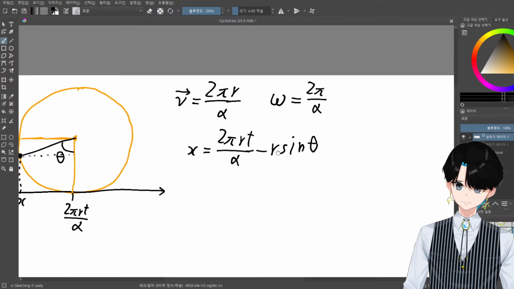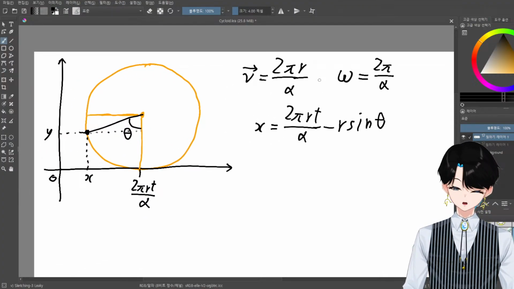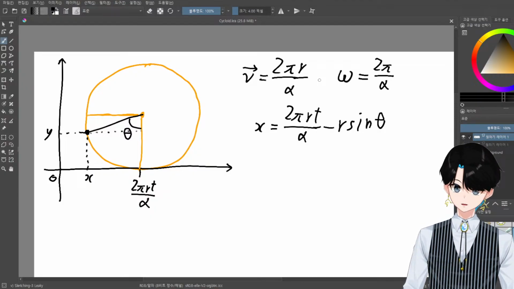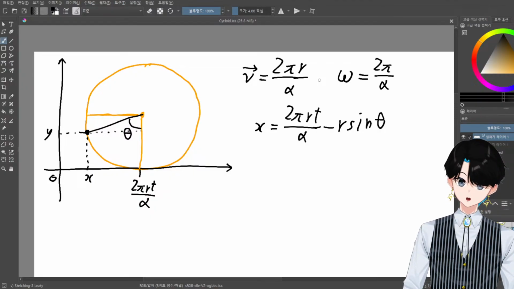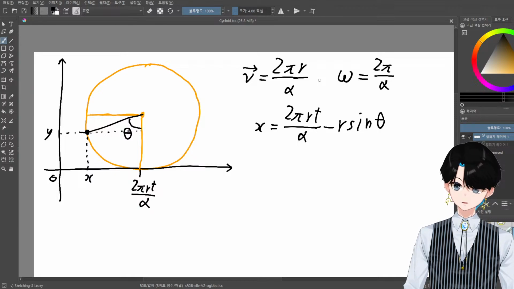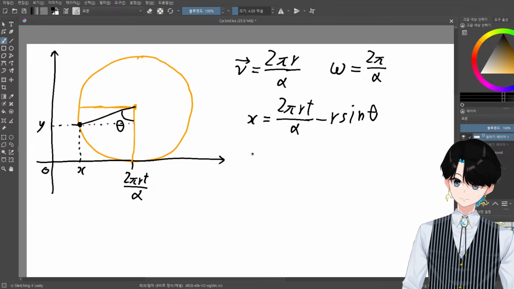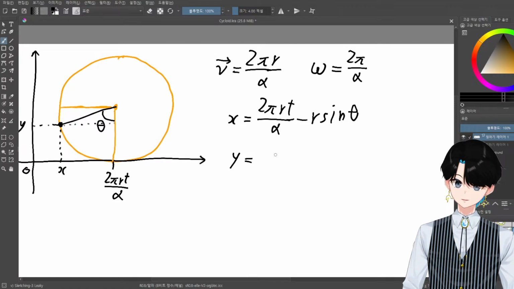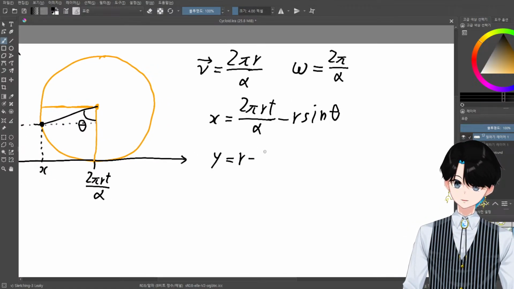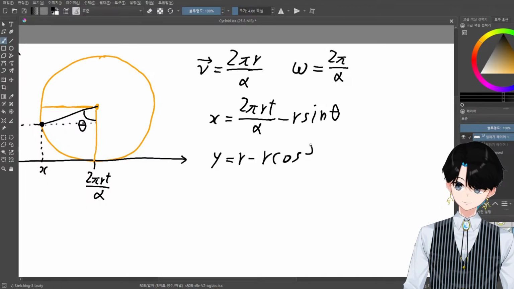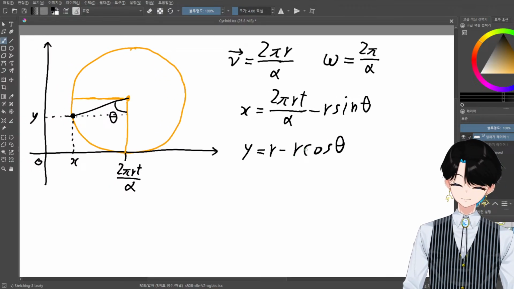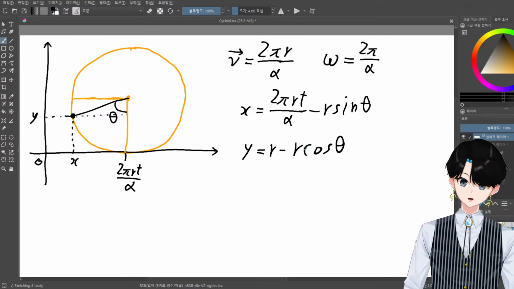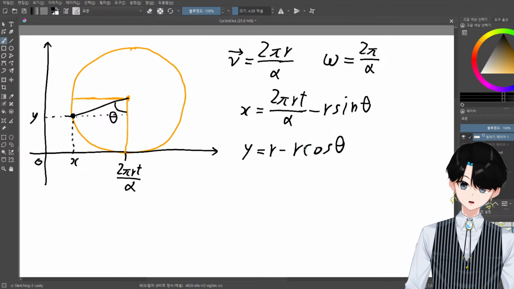I think, oh, what is this? I think I want to throw up. Not good. It's not that. R sine theta, and y will be r minus r cosine theta, I suppose. Okay. R minus r cosine theta.